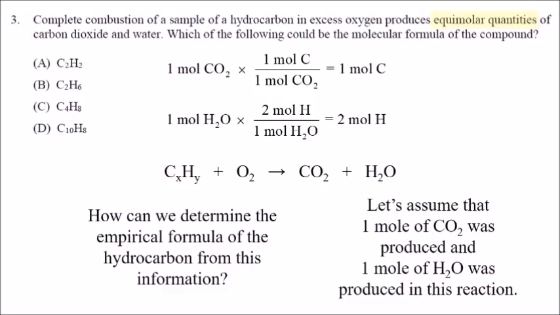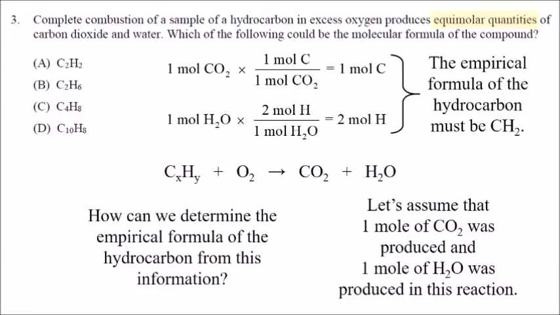And if 1 mole of water was produced, that would have been 2 moles of hydrogen atoms in the original hydrocarbon. So therefore, we can figure out the empirical formula of the hydrocarbon. And since the empirical formula must be CH2, then the correct answer is choice C.